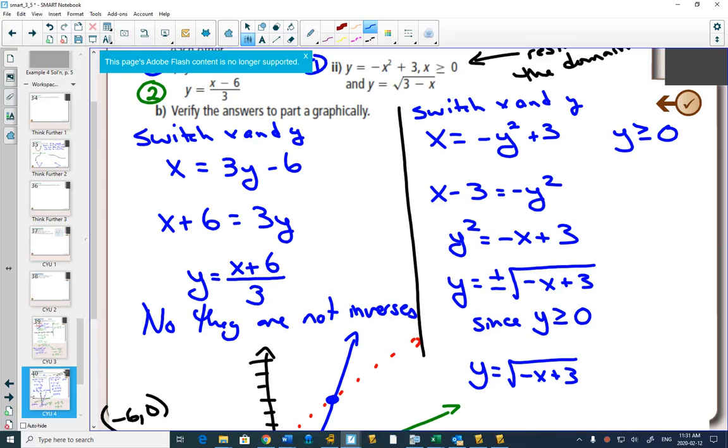Does that match with what they have? They have 3 minus x. We have negative x plus 3. Are they the same or different? Yes. They're the same, right? It's just the order in which you write it. They are the same. So algebraically, we can say, yes, they are inverses.